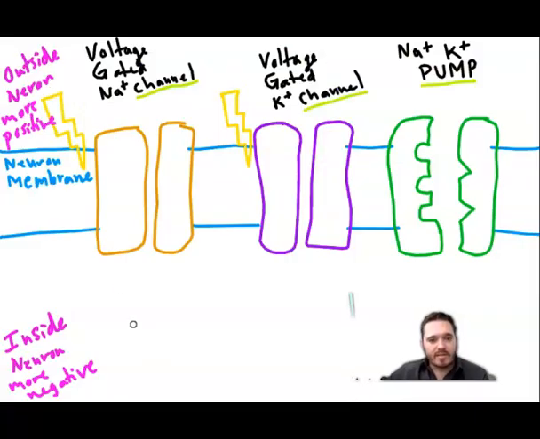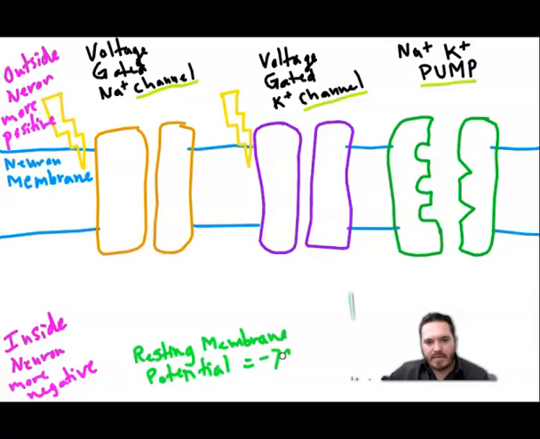It causes there to be a resting membrane potential of, so resting membrane potential equals negative 70 millivolts.